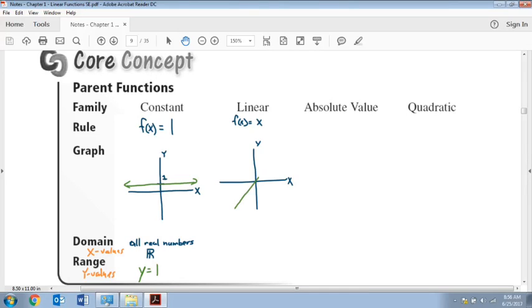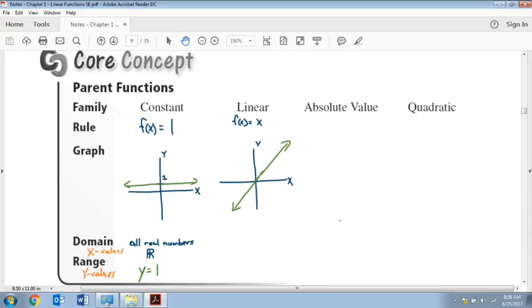Now we can shift it up, down, left, right, all that sort of stuff.